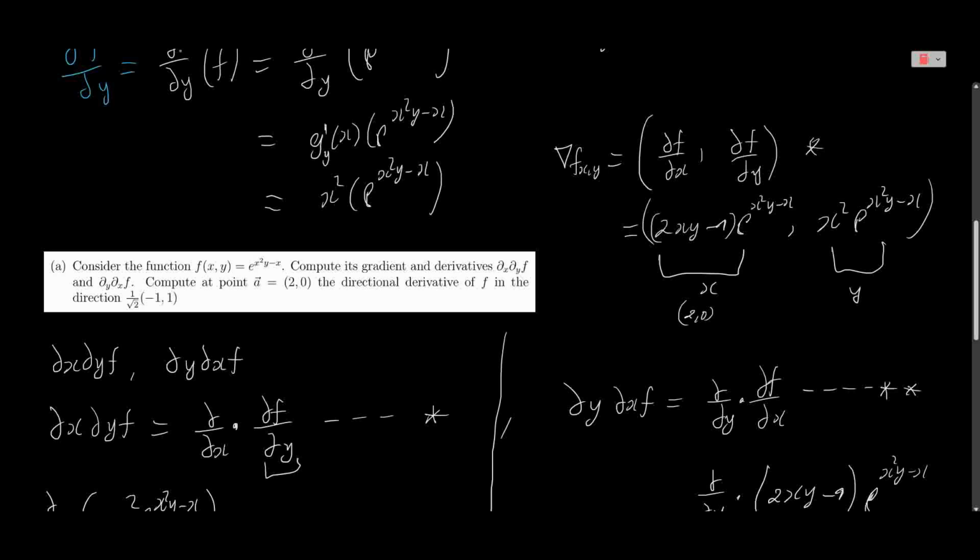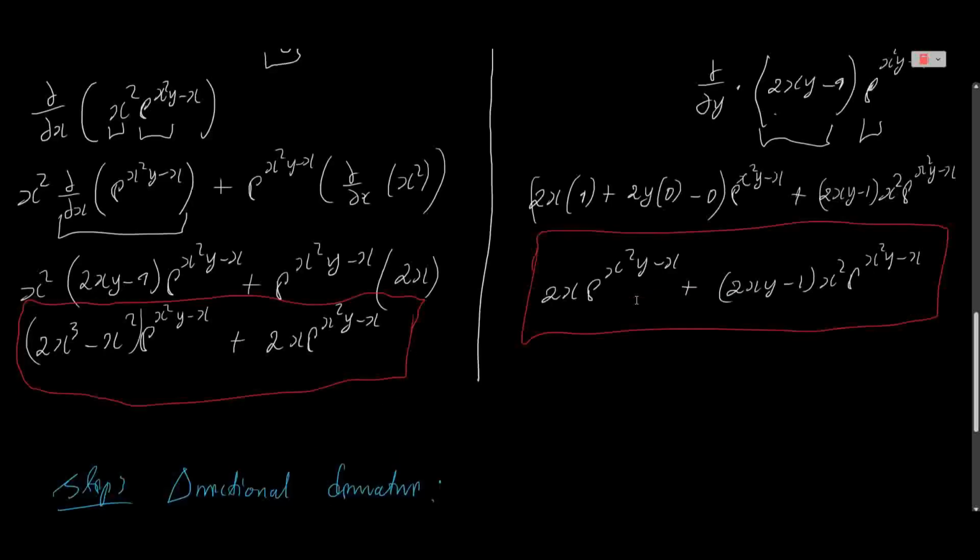Substituting 2 comma 0 here gives us 0 minus 1 e raised to the power minus 2 comma 4 e raised to the power minus 2. We can further simplify it to be negative e raised to the power minus 2 comma 4 e raised to the power minus 2.